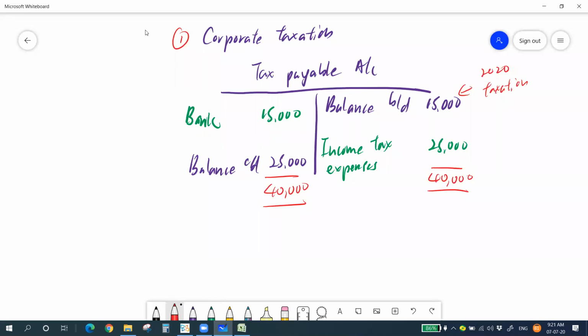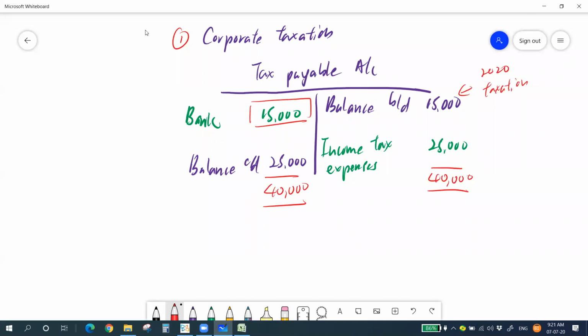The income tax paid is what we will record in our cash flow statement. Income tax expense is not required to be shown in our cash flow statement because our cash flow statement starts from profit before tax. It means that tax expense is excluded from the cash flow statement.